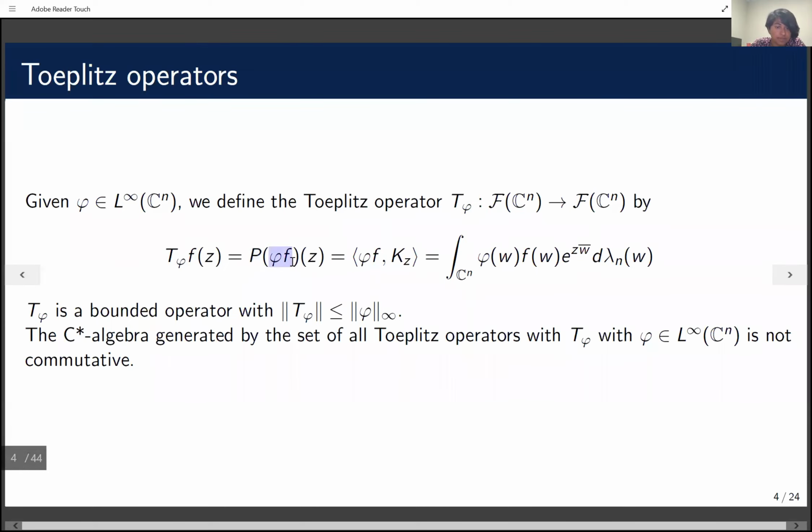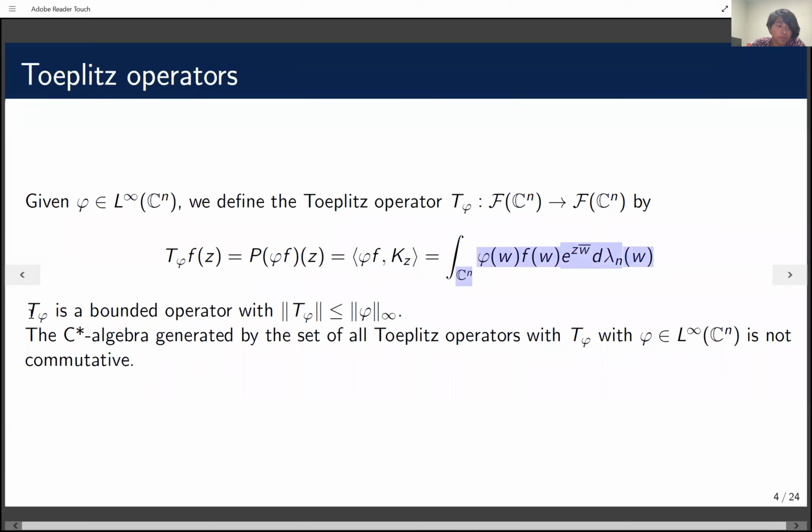So we are multiplying the function by the symbol. It's in L2 space, but not necessarily in the Fock space, so we take the projection. And as we noticed, the Bergman projection is given by the inner product between phi f and the reproducing kernel, and it's just this integral.